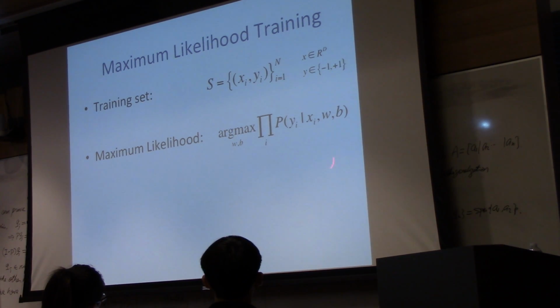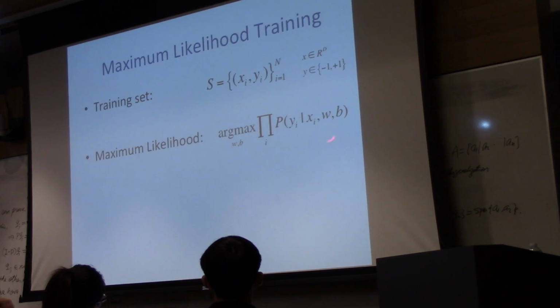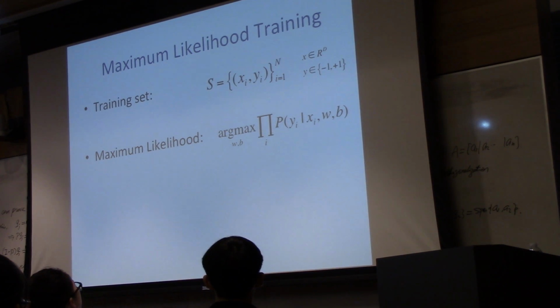Then we want to find a model of this form that maximizes the likelihood that our model predicts the correct label given the input. Because every training point is independent, that is equal to the product over each training example.